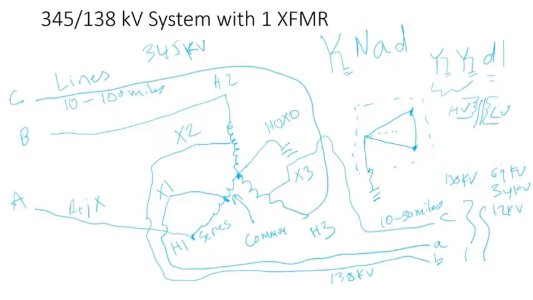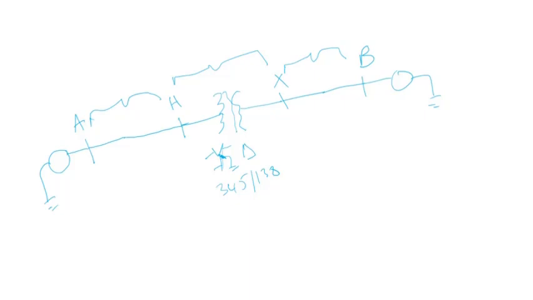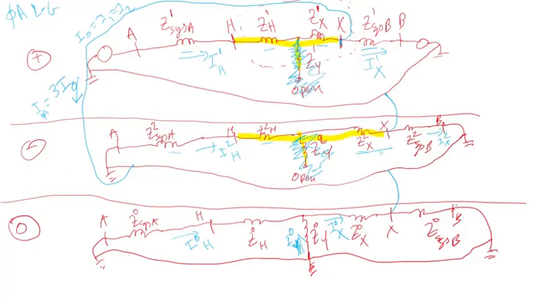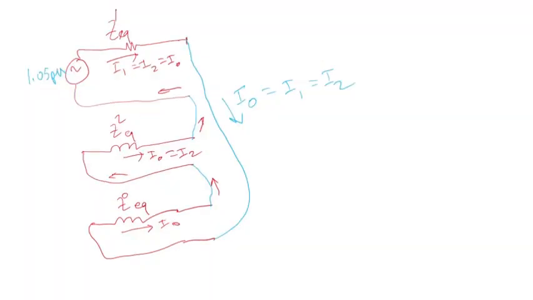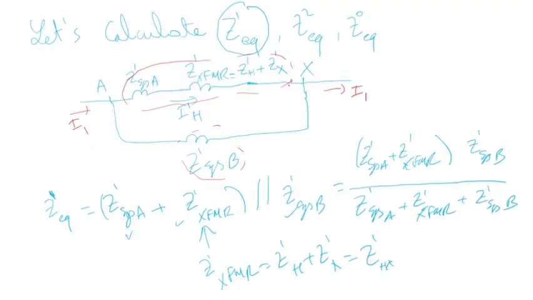So we talked about objectives, then I drew the three-phase system, but it was cluttered. Then I said, let's just go with one line instead of a three-phase or three-line diagram. Then I drew the sequence networks. Then I obtained the equivalent sequence networks.